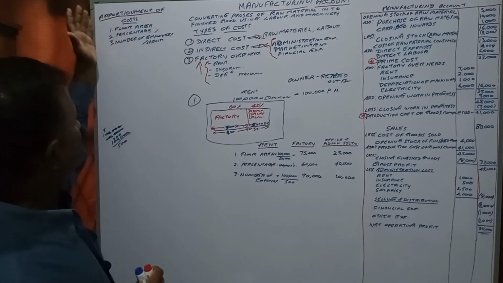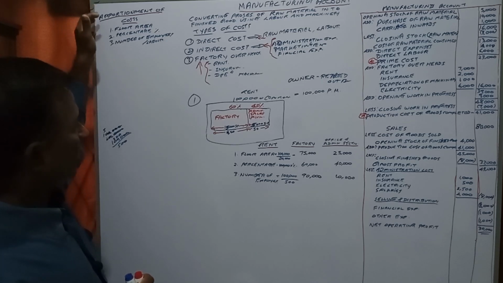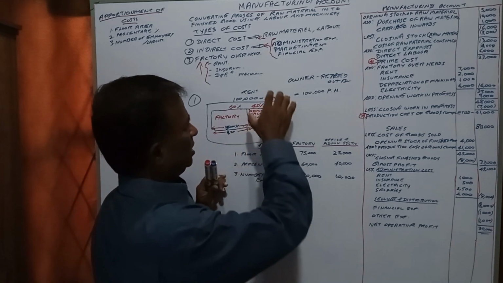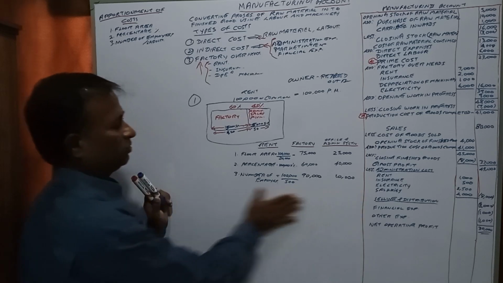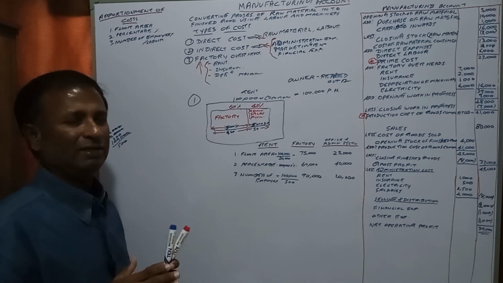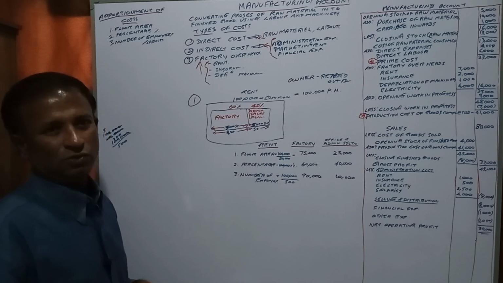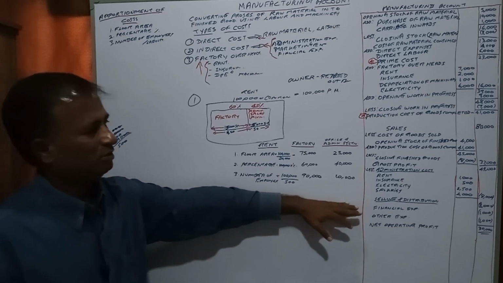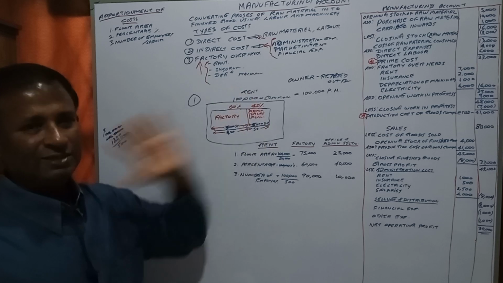What are the types of apportionment, and how to apportion the cost using the example I have explained. I believe you all would have understood. If you understood up to this point, the rest is easy.